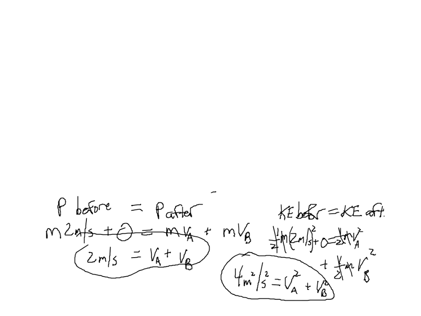Okay, let's clear us some space up at the top there. Let's write down our 2 equations. Okay, 2 meters per second equals VA plus VB, and 4 meters squared per second squared equals VA squared plus VB squared.